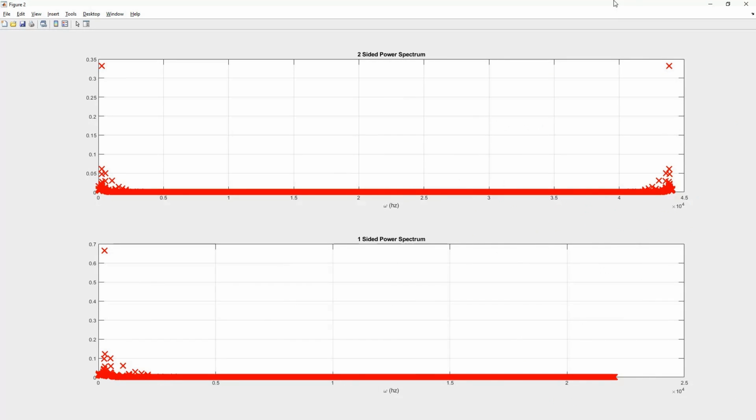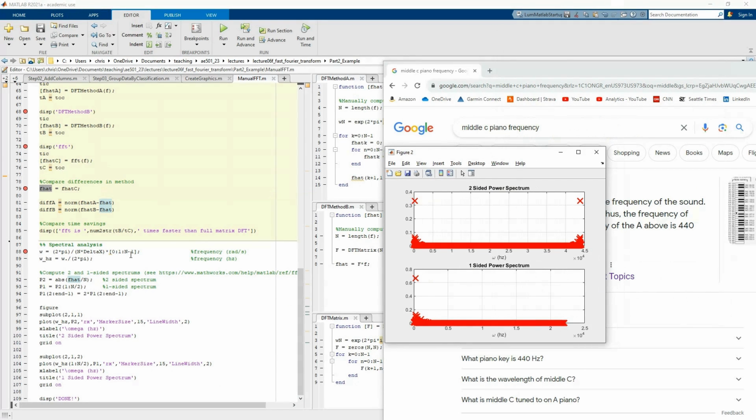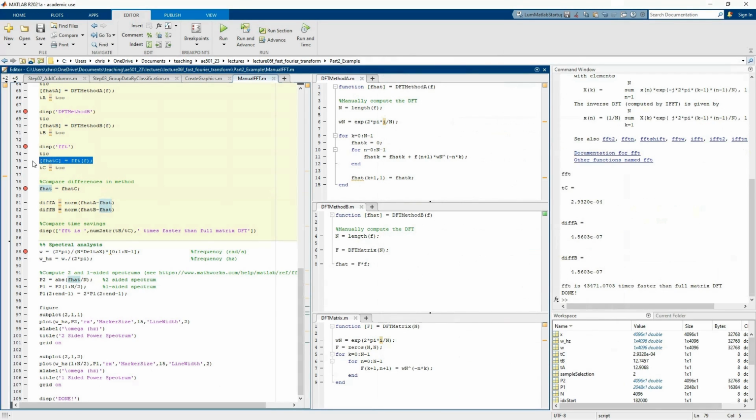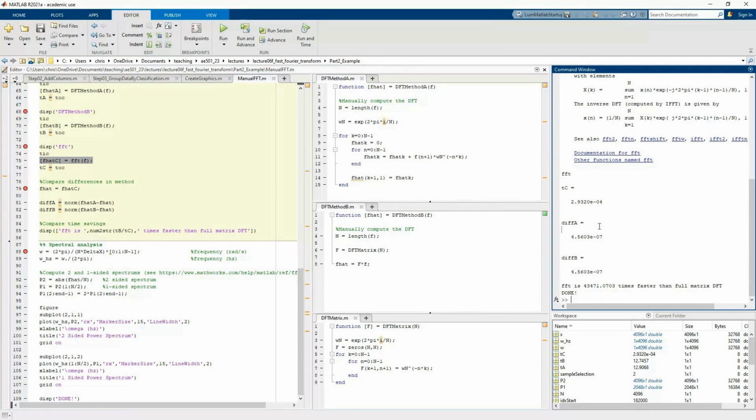Again, the takeaway for this lecture, the whole discussion, to summarize all this, is just use MATLAB's FFT if you want to do this in a fast manner, right? So use FFT. It gets you what you want. What we saw here is that it's going to operate assuming that you have powers of 2.